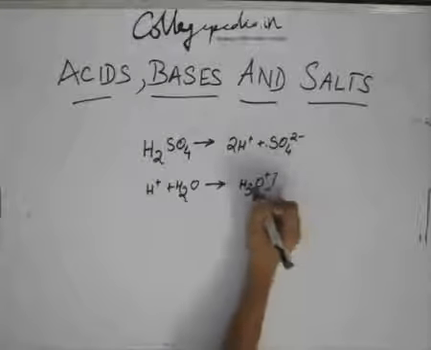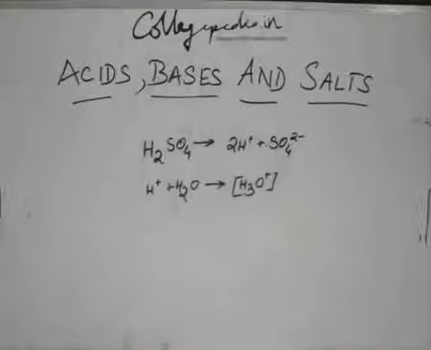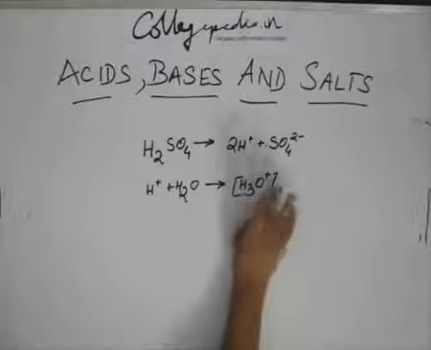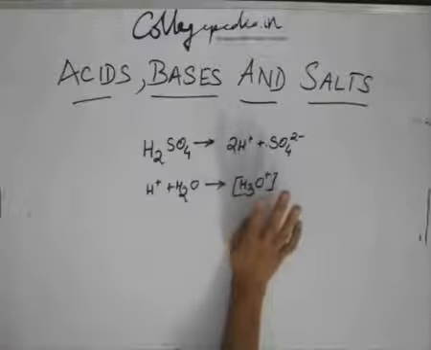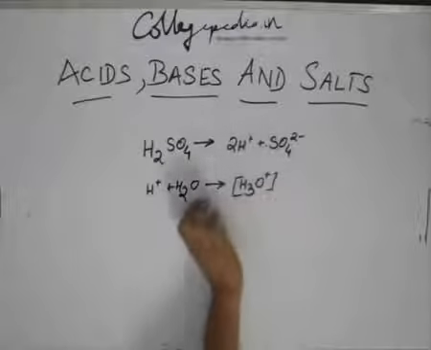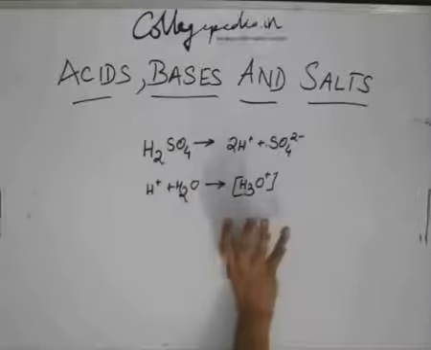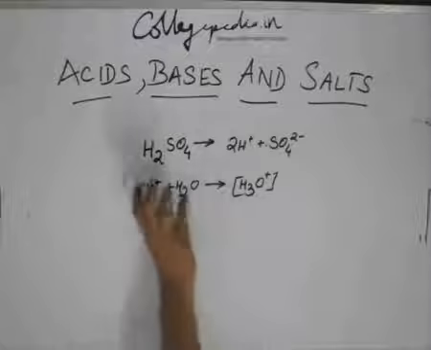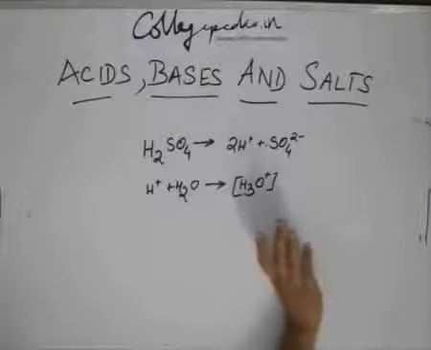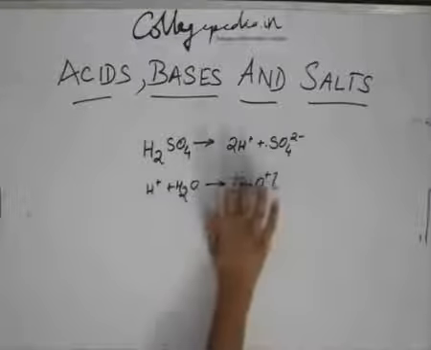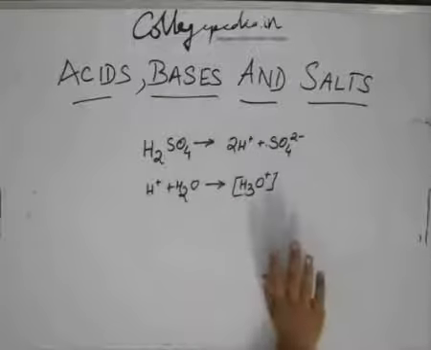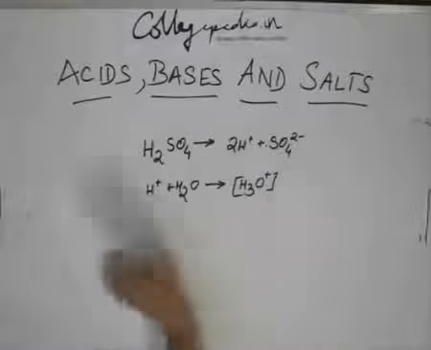So this also forms your hydronium ion. The properties of H3O plus are only due to H plus. That means H2O is just something for H plus to hold on to. Otherwise the properties are all due to H plus. Water does not change any properties of this H3O plus.